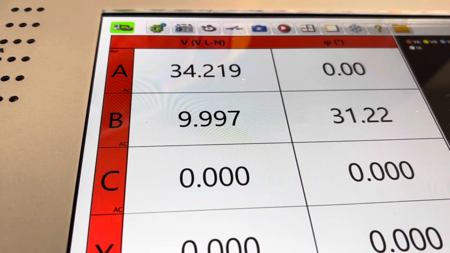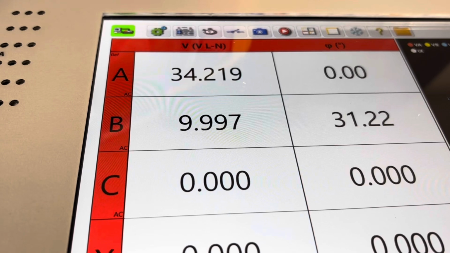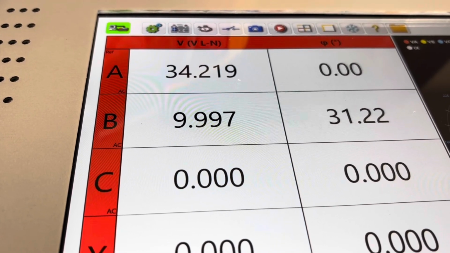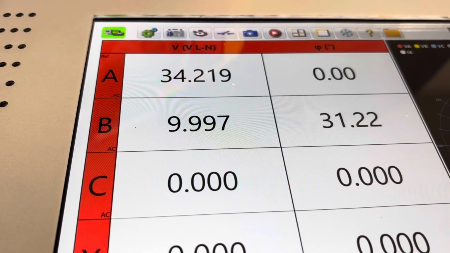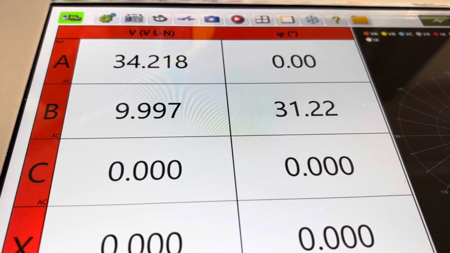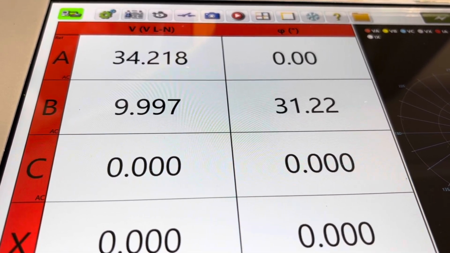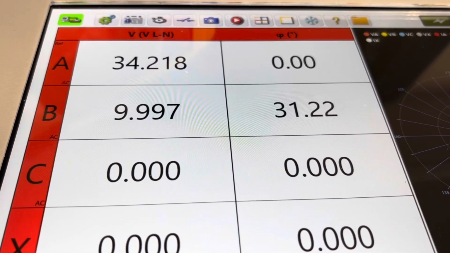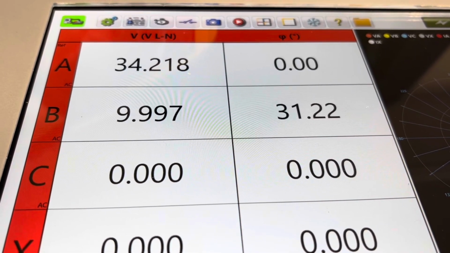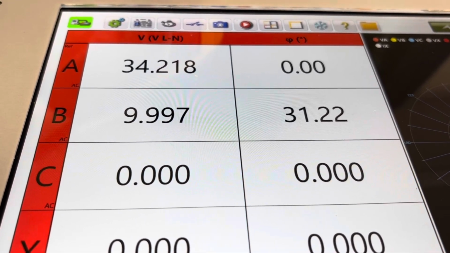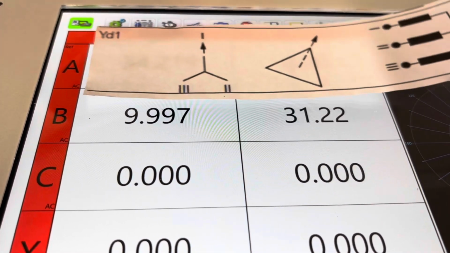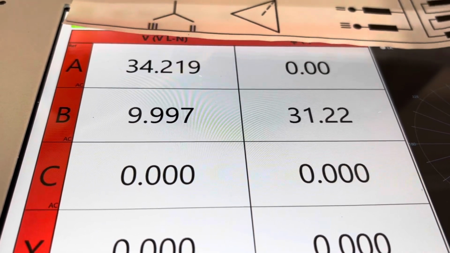So on the H side, we're seeing approximately 20 volts times the square root of 3, which is what we expect, and on the X, we're seeing 10 volts-ish, which is what we expect. Phase angle, we should be expecting 30 degrees. It's a little bit off. I did this exact same exercise yesterday with a 6150, and it was spot on. So I'm suspecting that the Manta is not quite healthy.